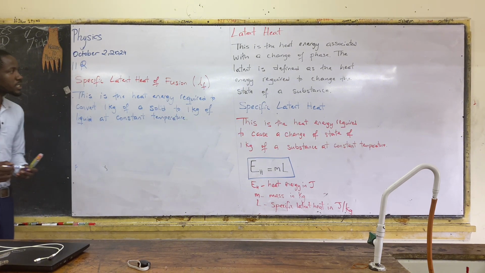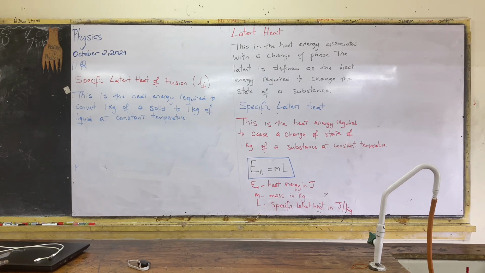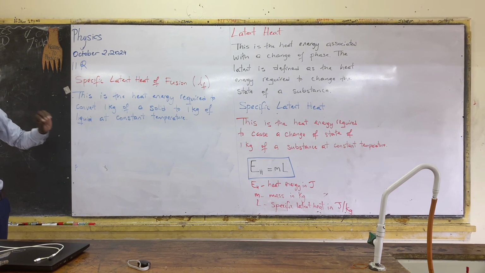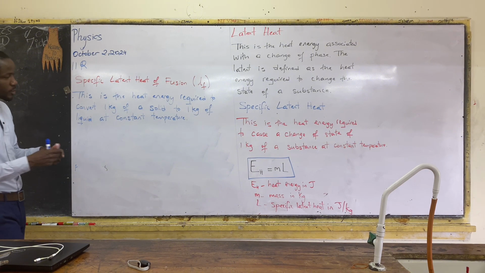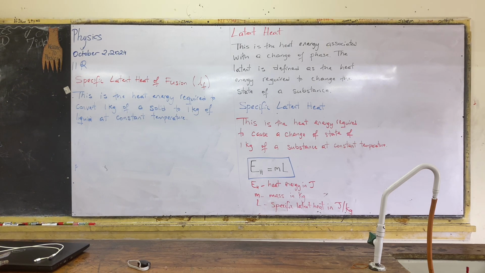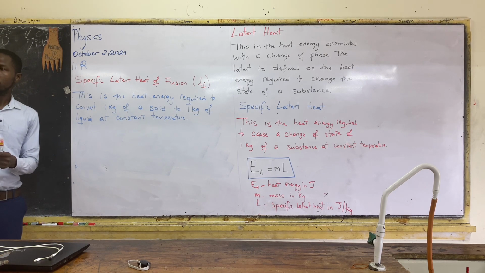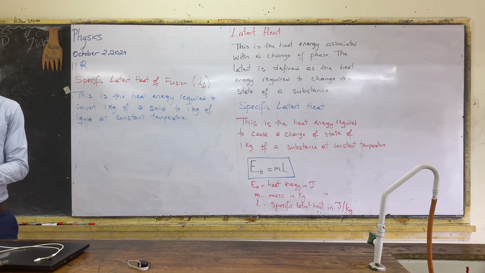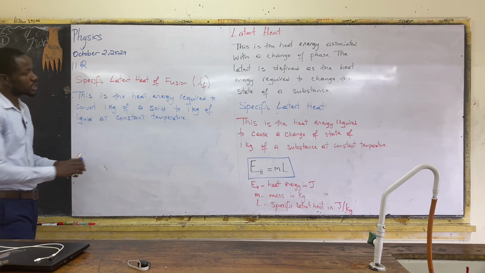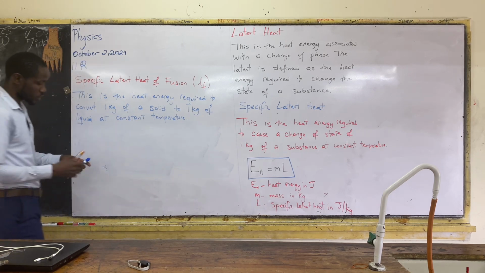All right? So that's the specific latent heat of fusion. It's the amount of heat energy needed to convert between solid and liquid, to convert 1 kilogram of a solid to 1 kilogram of liquid without a change in its temperature, okay? So that's what we have for the specific latent heat of fusion.